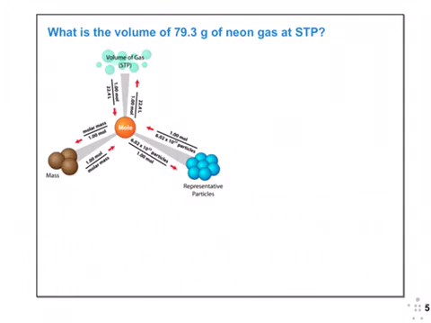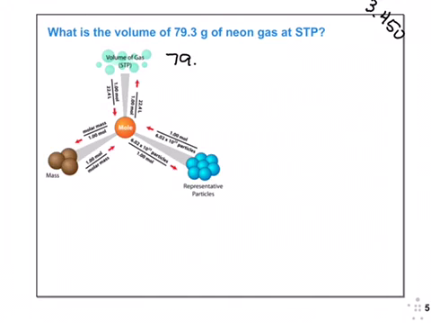Okay, you're right that it is way off. All right, so what is the volume of 79.3 grams of neon at STP? So to do this one, we're actually going to have to do some railroad tracks.